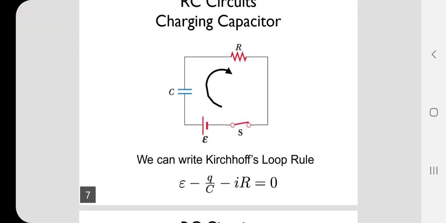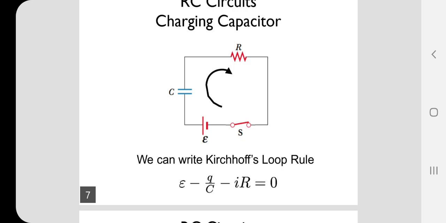For the RC circuit charging capacitor, the current flows through R and C, and we can write Kirchhoff's voltage law. When you apply a voltage to a closed circuit, the applied voltage equals the sum of the voltage drops across each element in the closed circuit.